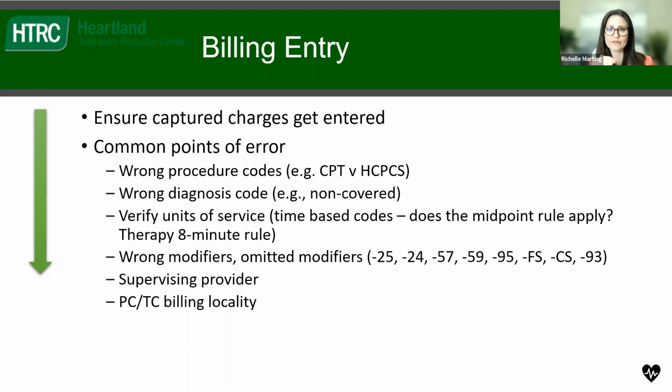But if a particular line item is for a problem-oriented evaluation and management service, I want to point to a different diagnosis as my first listed reason for that particular service. That might be diagnosis code number 2 on the claim, which could be diabetes or hypertension.